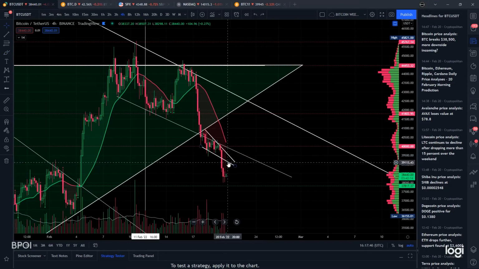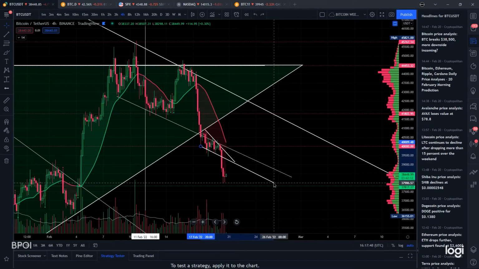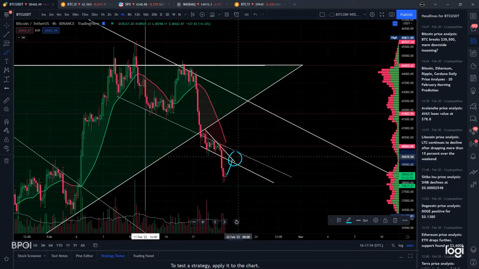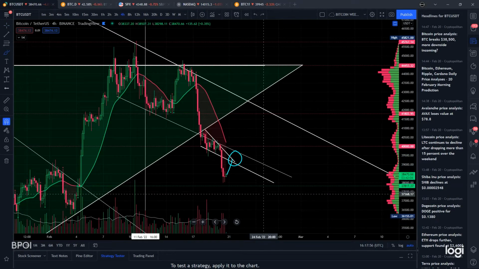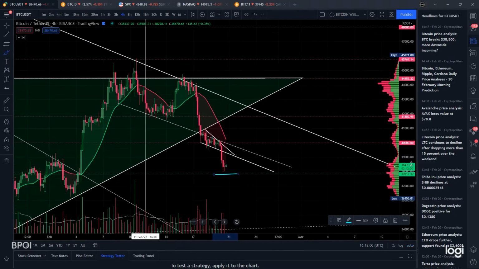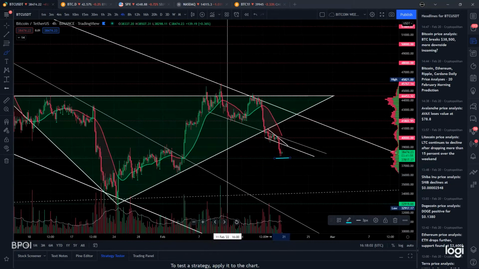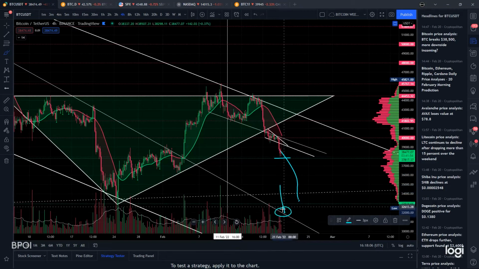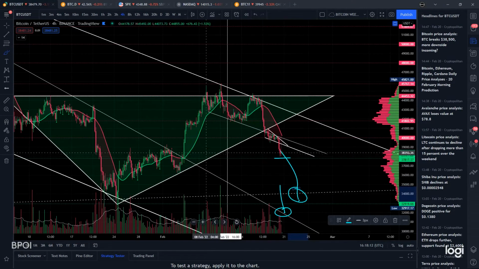Okay, so for me, I think we're going to retest. We may move up to this sort of level, so I'm just going to move this trend line a bit. We may move up to this sort of level here, but I think we're just going to see rejection and a move back down. Okay, I can't see this level holding 37,817 when you've got such an influential level below where you could see a double bottom and also confluence with regards to previous trend line, and then also confluence with regards to the longer term upward channel that Bitcoin is trading in, which is this dashed line.